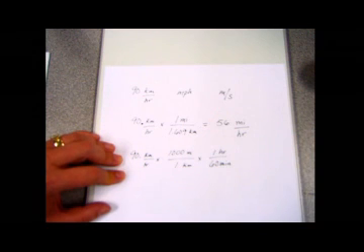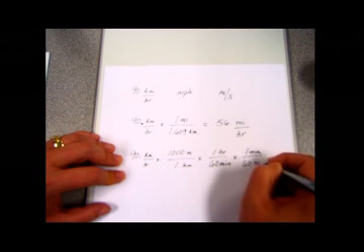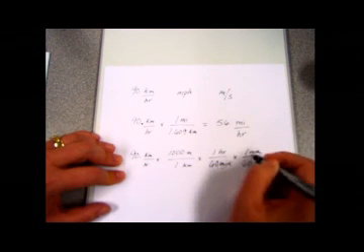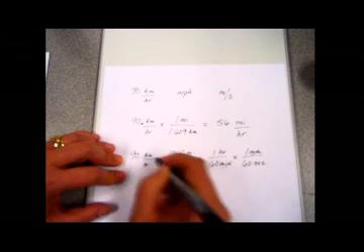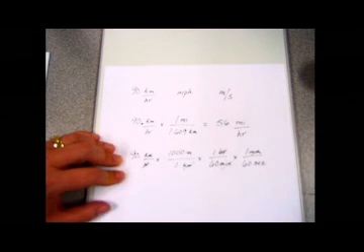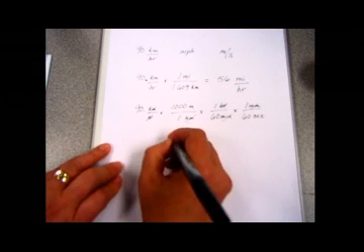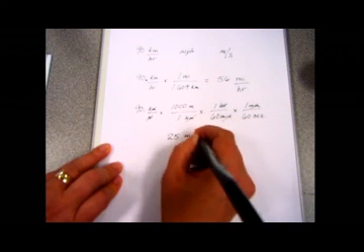But I want it in seconds, so I'm going to put in my 1 minute is 60 seconds. So my minutes are going to cancel out, my kilometers cancel out, my hours cancel out, and my answer's in meters per second. When I plug that into the calculator, I'm going to get 25 meters per second.